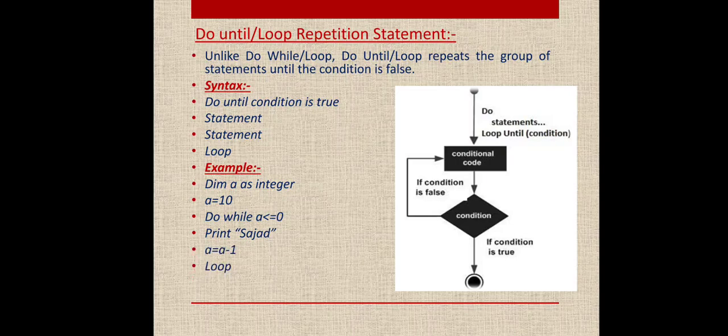Even at 0 it will get executed, because once it reaches 0, the condition has become true. Once this condition becomes true, the loop will get closed and the program will get terminated, and we will get the output. Here instead of Juni it will print Sajad, because we have written Sajad here, so this will print Sajad 10 times. I wrote the output Juni instead of Sajad.